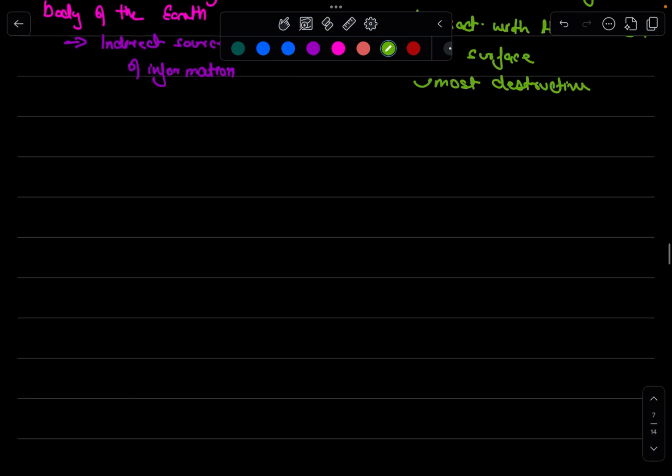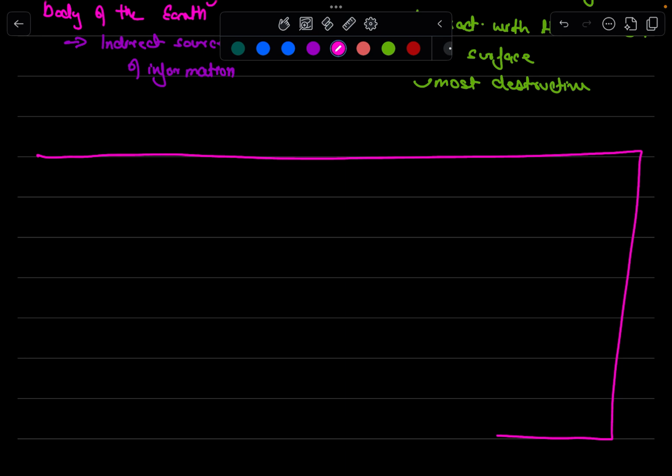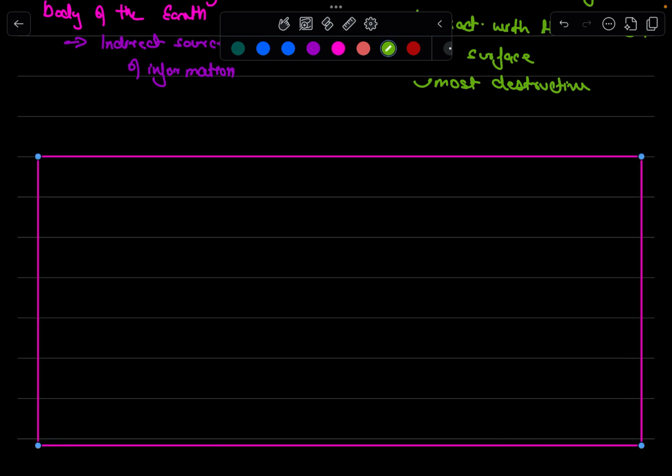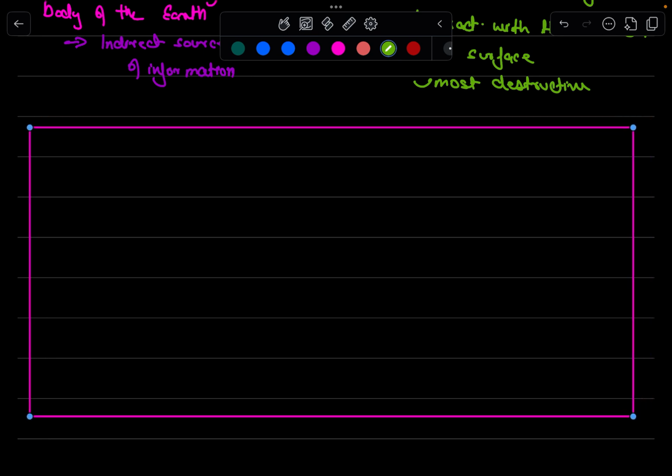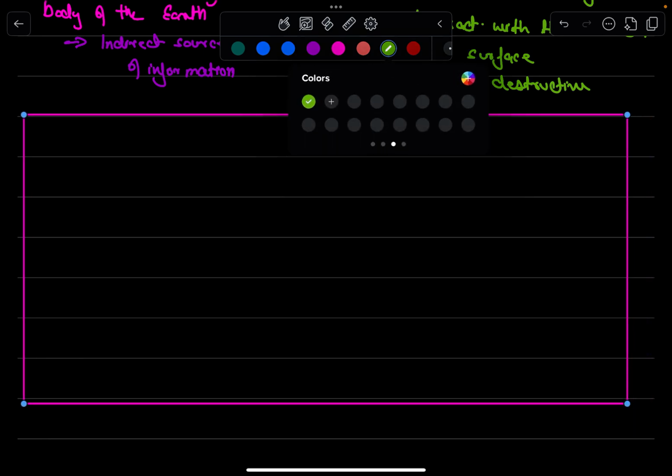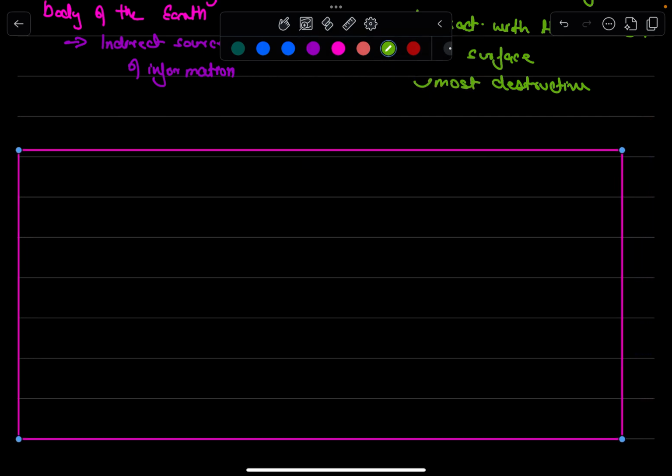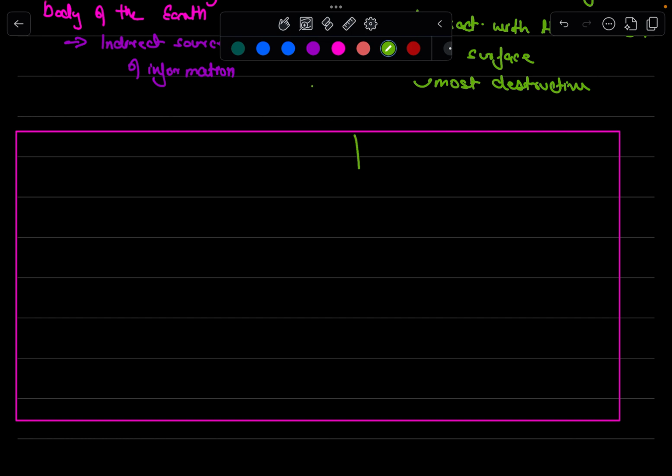Now if we talk about body waves, let's understand how body waves actually work, because this is also important. Why should we give S waves less importance, right?